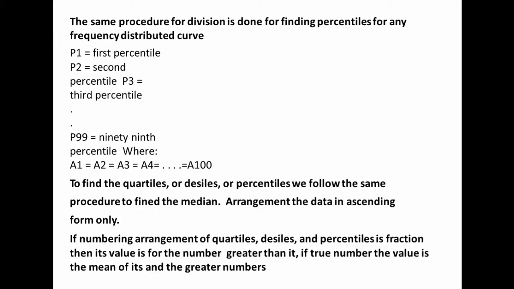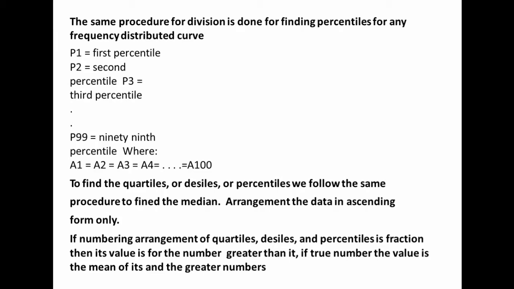To find the quartiles, deciles, and percentiles, we follow the same procedure as for finding the median. First of all, arrange the data in ascending, increasing order, and then use the same procedure as for the median to find the quartiles, deciles, and percentiles.